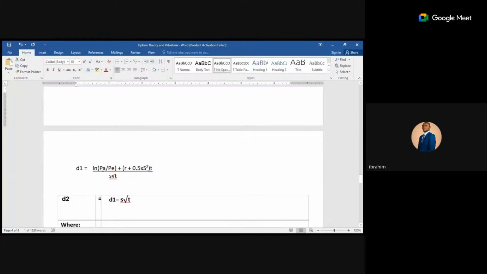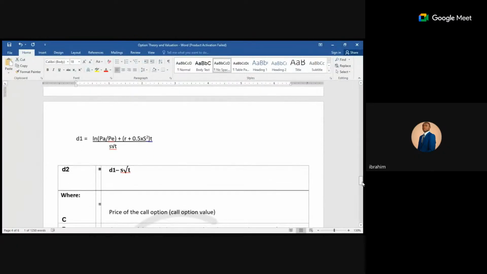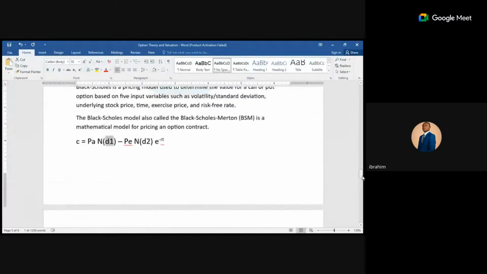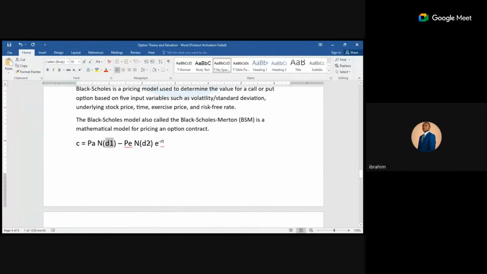ln(PA divided by PE) plus open bracket R plus 0.5 times S raised to power 2 close bracket times T, which is the time, then divided by S, the standard deviation, times square root of T. The question is, how do we calculate D2?